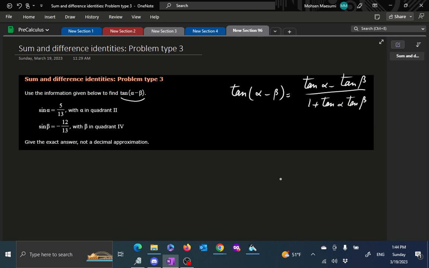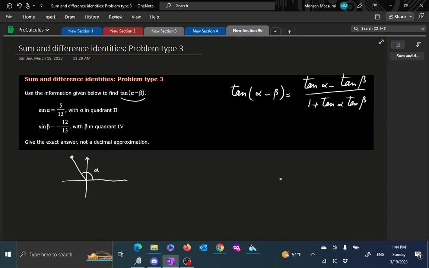So best is to look at this situation in a coordinate system. So we have some alpha in quadrant 2. This is alpha.